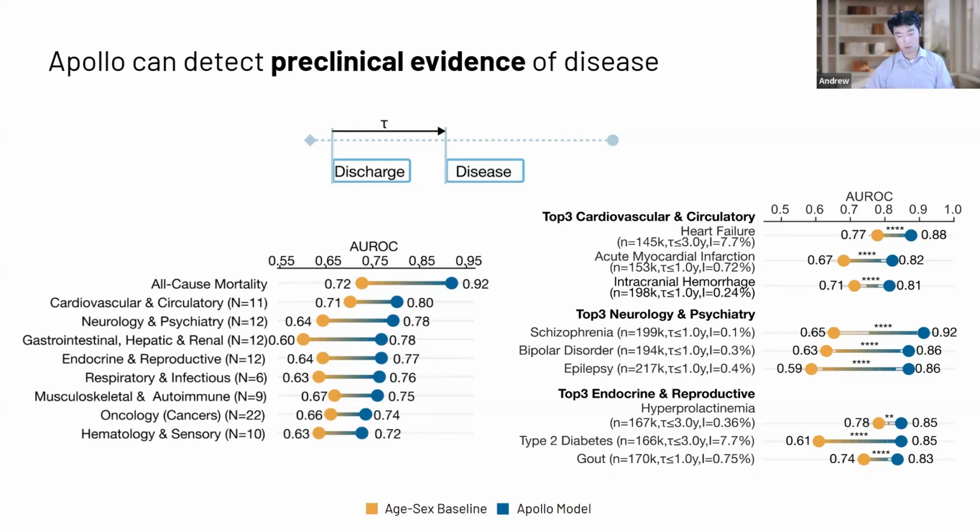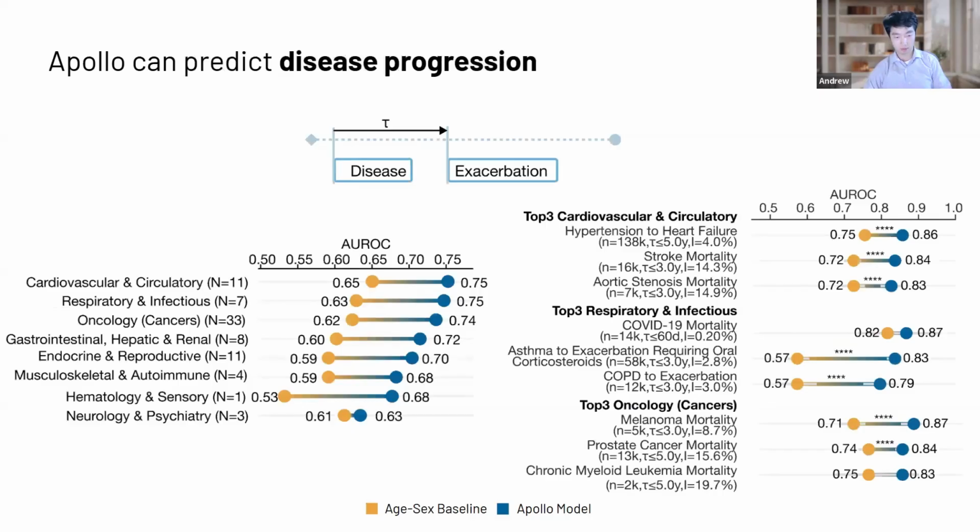As you can see here, our model is better than the age and sex baseline, which is good because otherwise we would have done all this work for nothing. Any additional performance here is due to the other features that are taken in by the model, like the other details from the EHR.